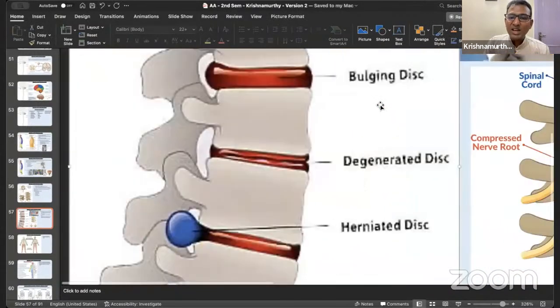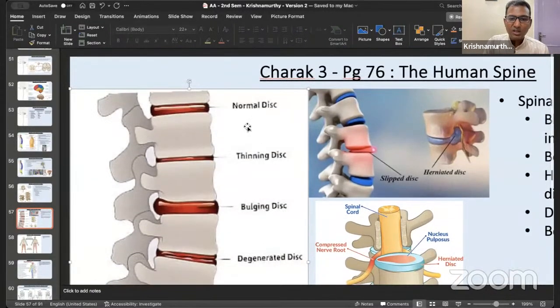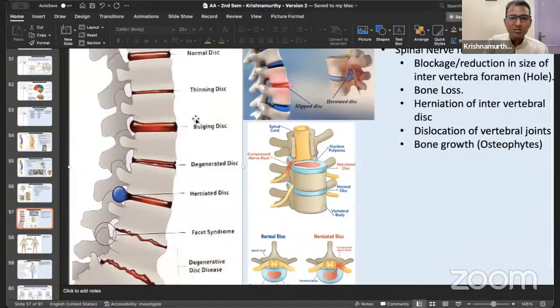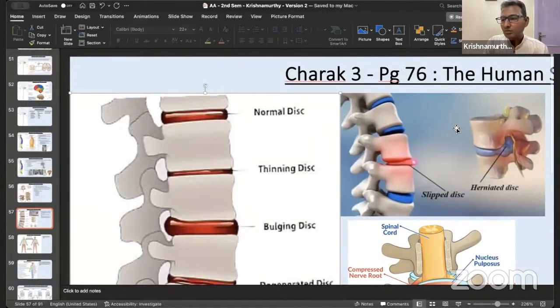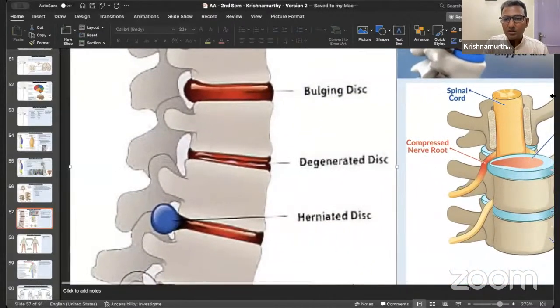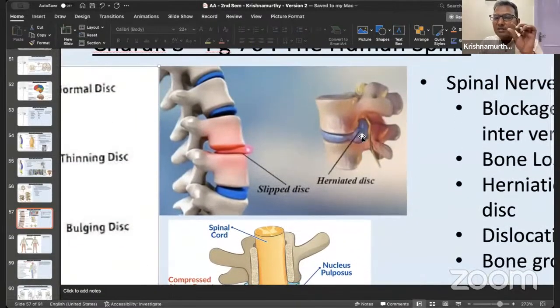Similarly, what are the kinds of problems we get? General problems, say, slip disc.